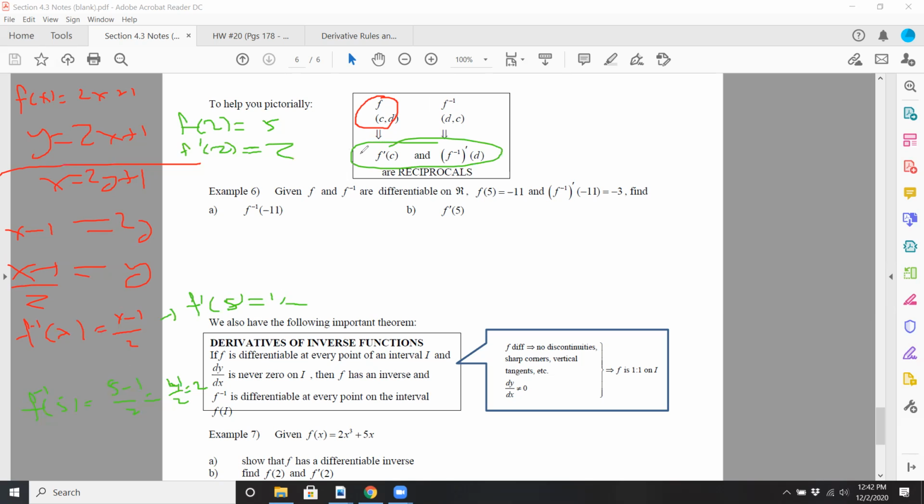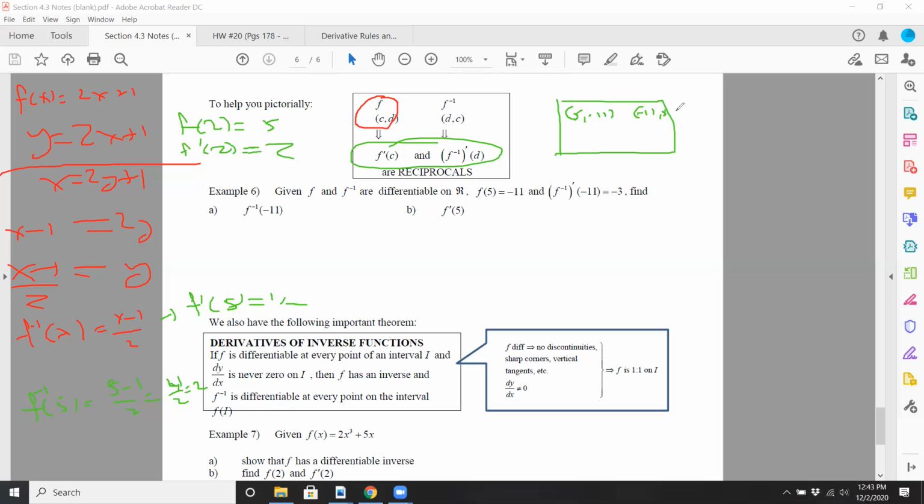So we can actually use this methodology for example 6. So you're told that these are differentiable functions on real numbers. That's important to know. f of 5 equals negative 11, and the inverse of negative 11 equals 5. So to find the derivative of the inverse at negative 11, well, if f of 5 equals negative 11, you can use this little schematic here, right? If you have 5 comma negative 11, then you have negative 11 comma 5.